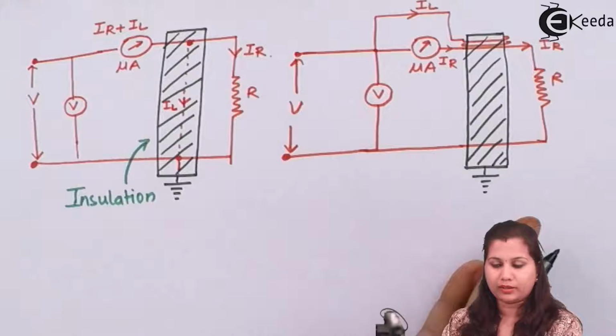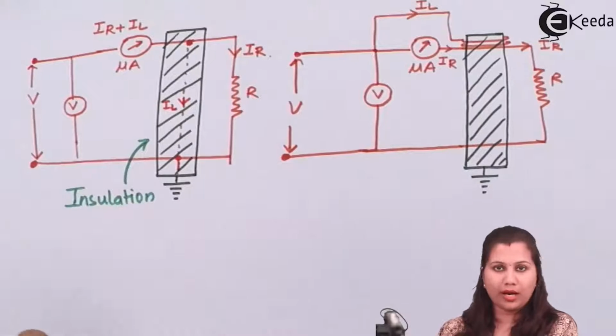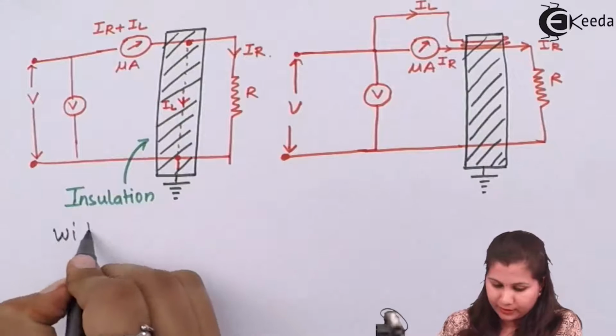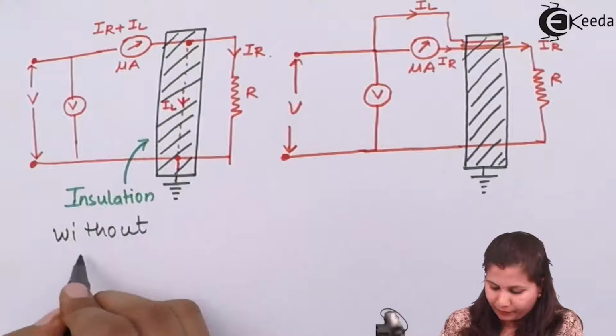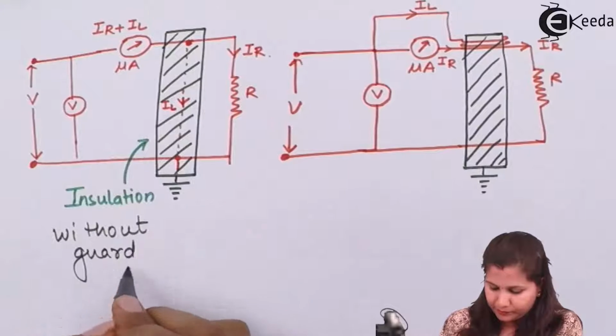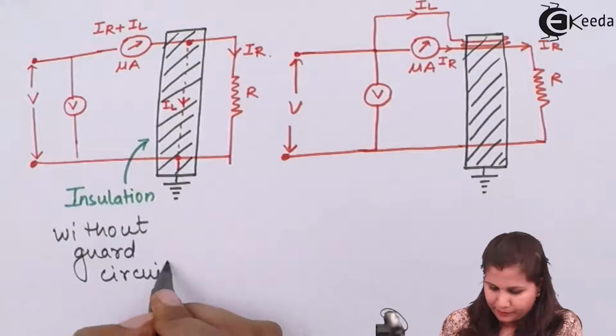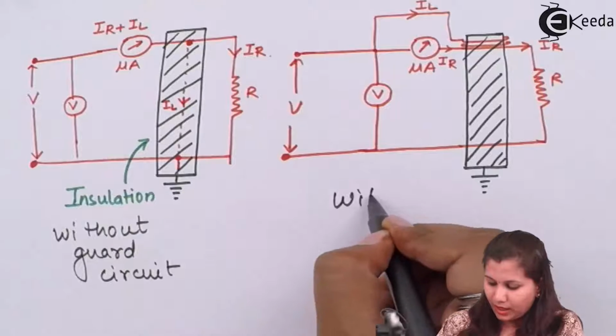Now these are the two circuits. In one circuit, no guard. This is without the guard circuit, and this is with the guard circuit.